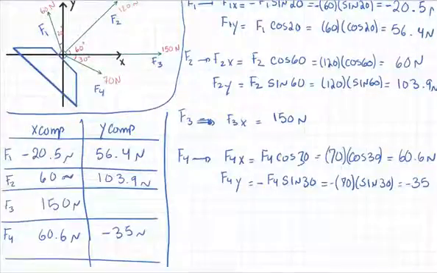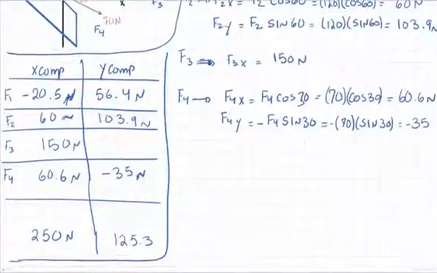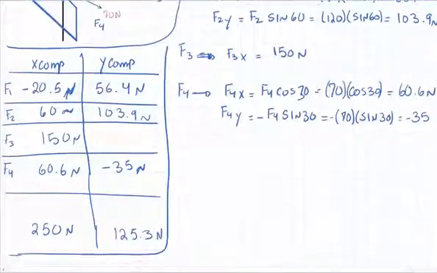So I put all my values in the table. I need to pay attention that I always put the negative signs where there's negative, and all I have to do is add all the x components and then add all the y components. So if I add them, I'll get a total of 250 newtons in the x direction and 125.3 newtons in the y direction.